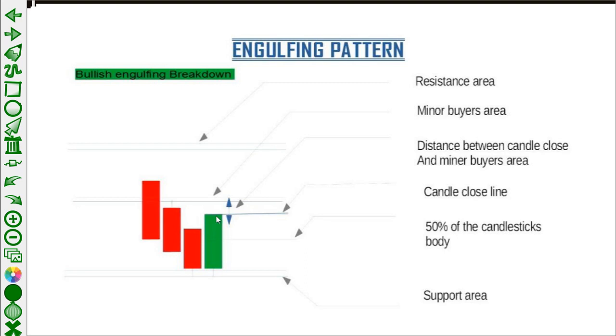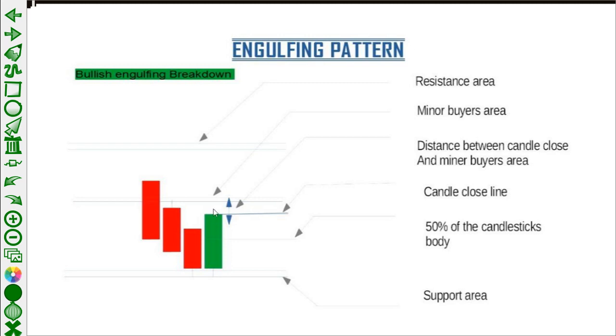and the green candle should cover at least 20% of the second left candle, and there should be a distance between the minor bias area and the close of the candle.